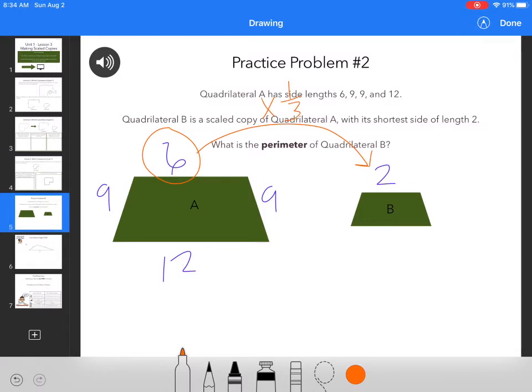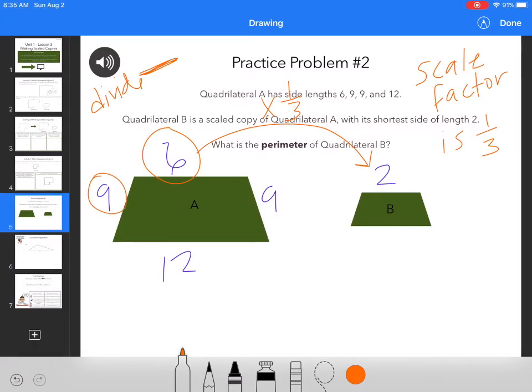So my scale factor is 1/3, because this line means to divide. If you're not sure, use your calculator. You can use your calculator on your phone, whatever you want to use. Okay, so now I'm going to multiply all of my sides by 1/3.